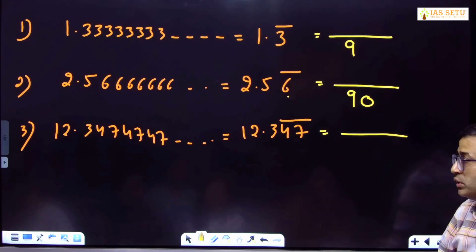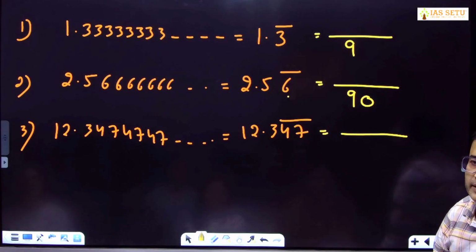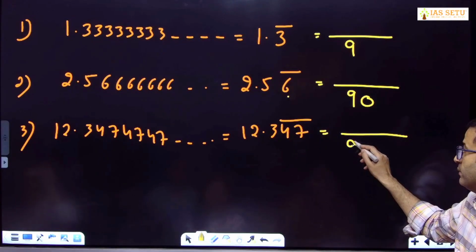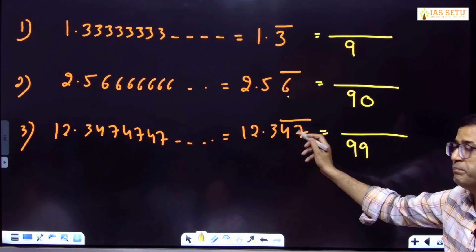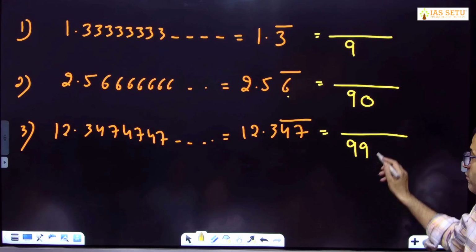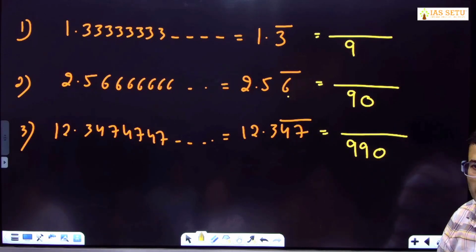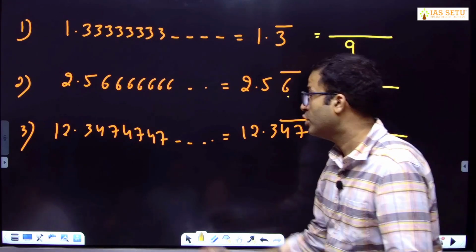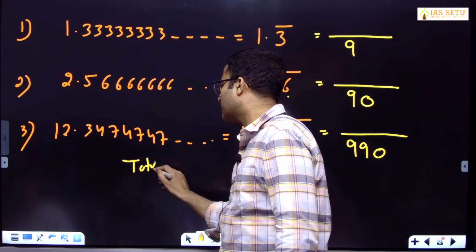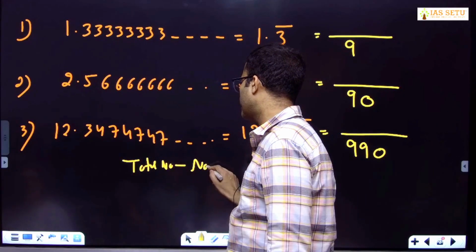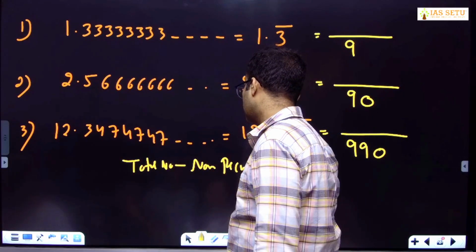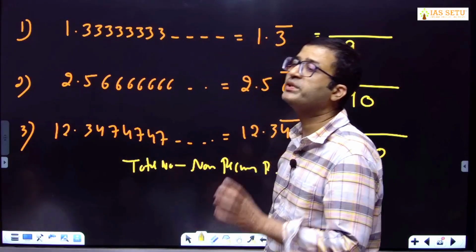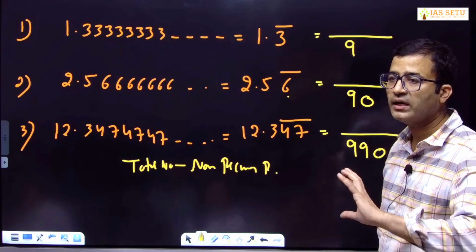Same like type 2. In the third example, how many digits under the bar? 2. So double 9. How many digits between decimal and recurring part? 1. 1 1 0. And what I told you for numerator, total number minus non-recurring part. Here also it is same, but be careful. थोड़ा सा ध्यान रखेंगे, but same है.